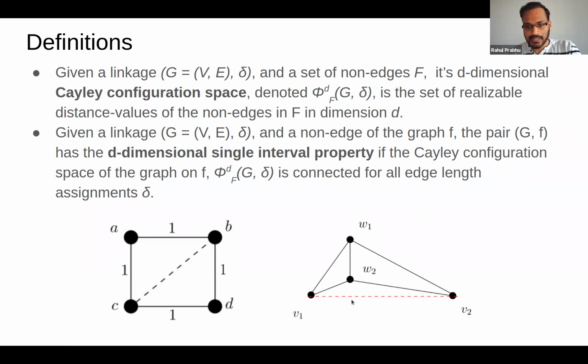Whereas in this example over here, I've taken the non-edge to be v1, v2, this red dashed edge, and this is again in R2. This can only be drawn in two different ways, where v2 is on this side or the other side. So v1, v2 has only two realizable edge lengths, and it's not a single interval. There are two disconnected points.